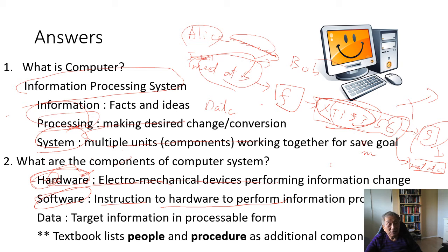Then data itself is the target information in processable form. We say that facts and ideas are information, but they may not be easy to process. Say, "Oh, I like it." That's a little hard to process in terms of the computer system. With advances in artificial intelligence, it may be processable to some degree, but still not as good as human beings.